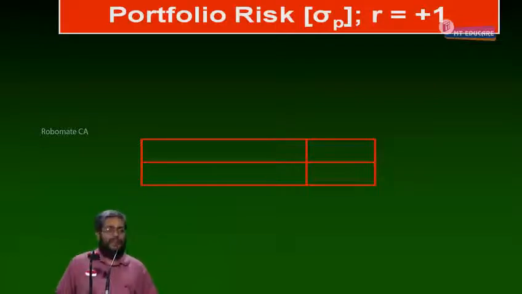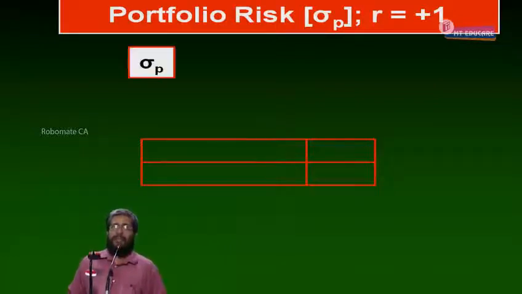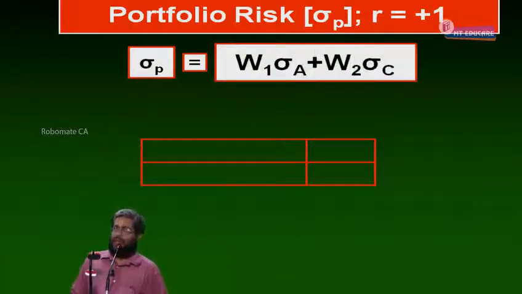Portfolio risk. Can I proceed? Now, sigma P is equal to W1 sigma A plus W2 sigma C. Standard deviation of the portfolio is equal to W1 standard deviation of A plus W2 standard deviation of C. Why such a simple formula? Because r is equal to +1.